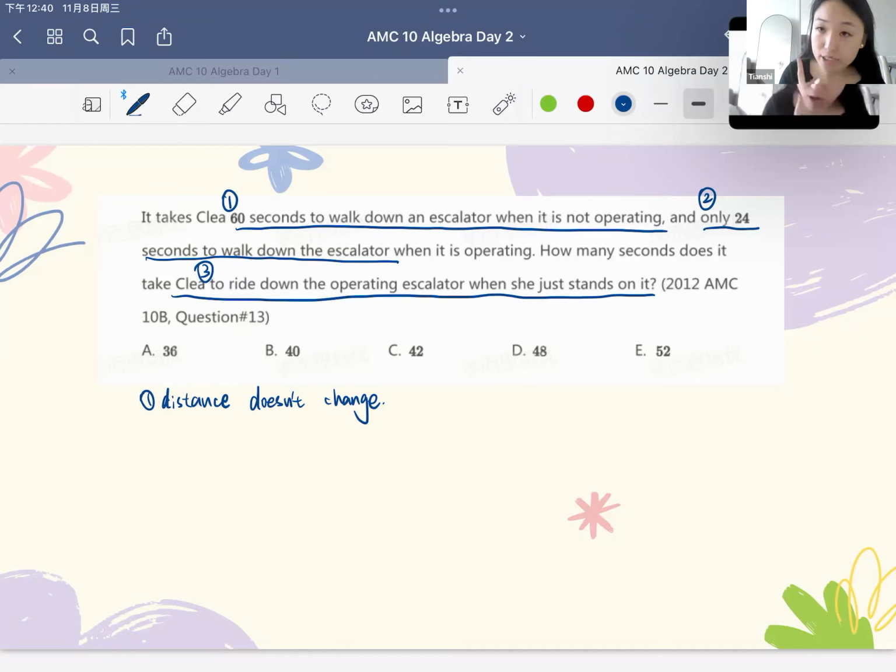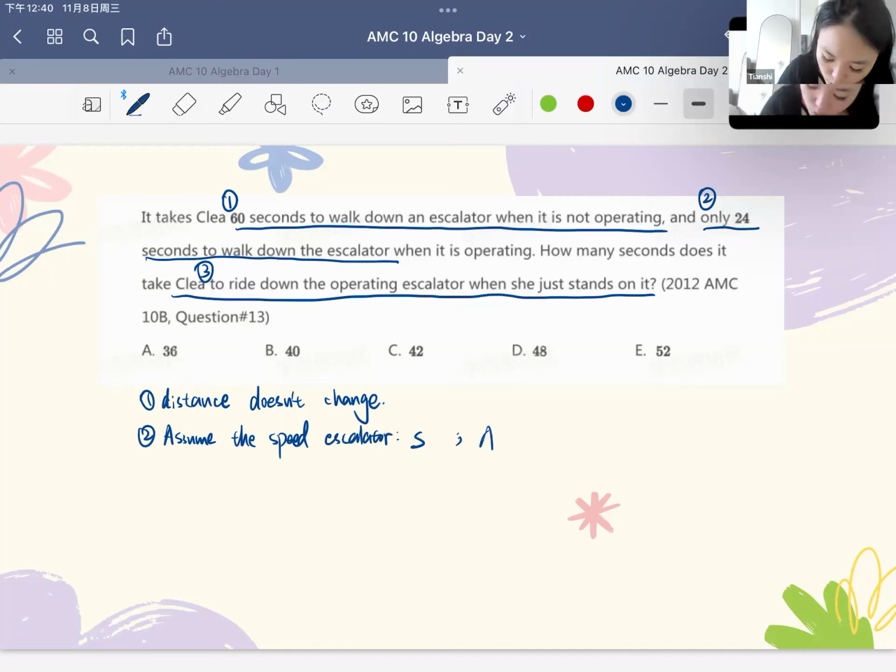So first of all, let's assume the speed for the elevator to be s, and we can also assume the speed for Clay to walk as c, right? Because it's Clay.